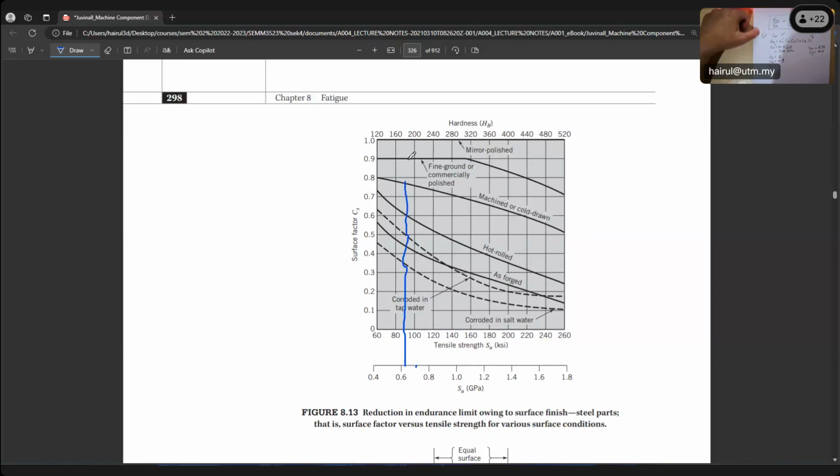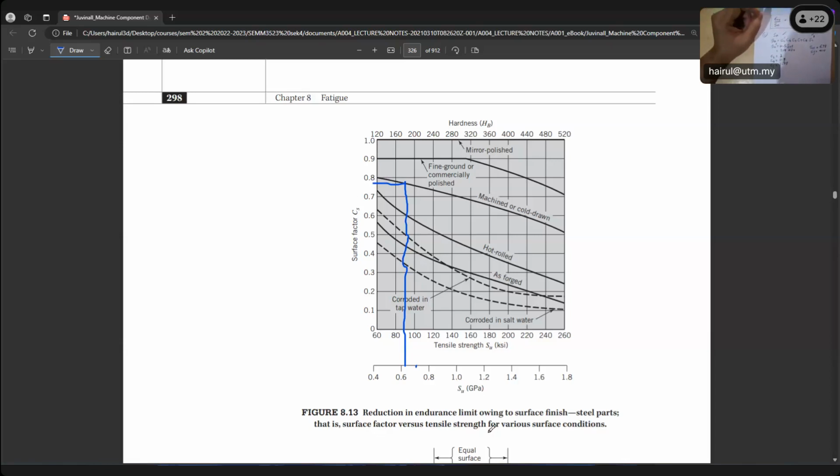Do not take the second line, that is fine ground, the polished one. This is mirror polish, not necessary unless your shaft is like that. But normally a shaft is machined. So you bring 638 up until it intersects with the machined or cold drawn line. This is machined, so it will be 0.78. Right, class? That will be your surface factor.